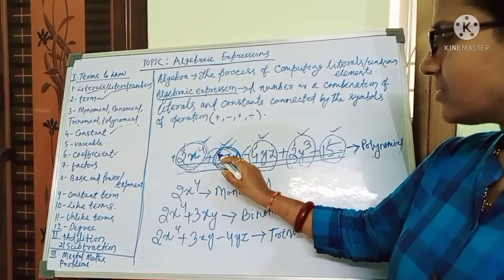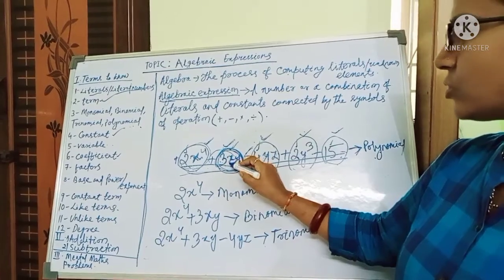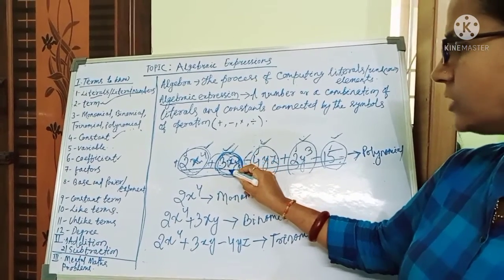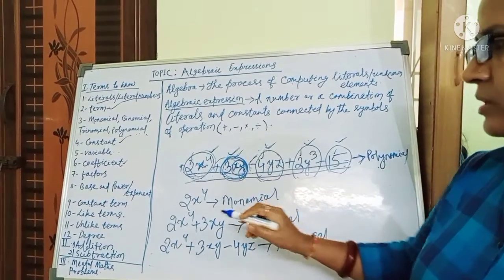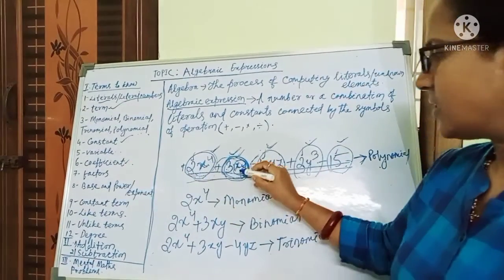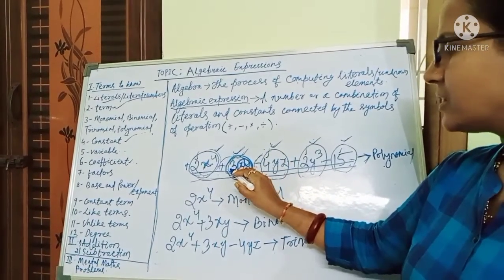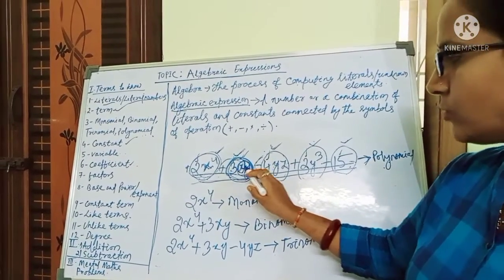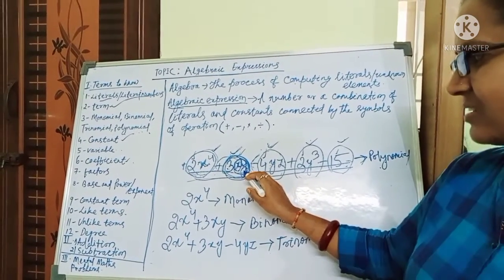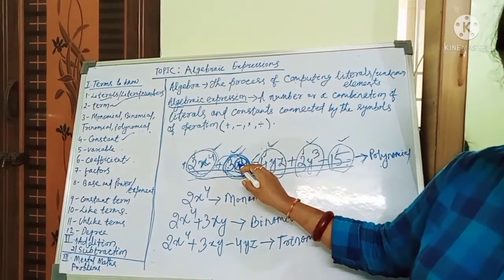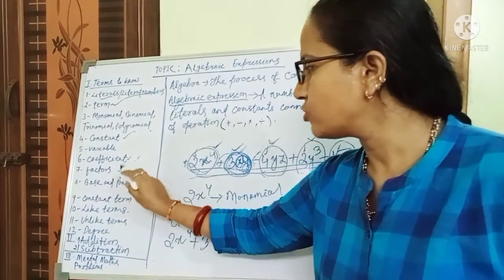If you consider the coefficient of 3, the product of the other factors is the coefficient of 3. So this is the coefficient. If I consider x, what is the coefficient of x? 3 and y. The product of the other factors is the coefficient of x. So coefficient and factors over.